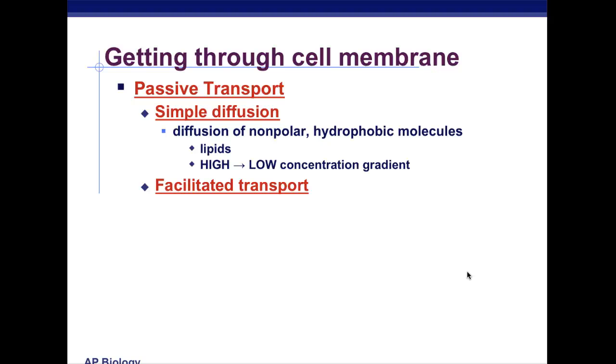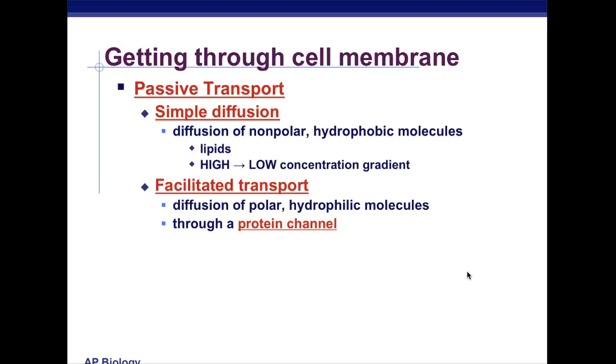The only difference between simple diffusion and facilitated diffusion is that facilitated diffusion uses a protein channel, so an actual opening in the cell membrane to move the materials across. And again, just like with simple diffusion, we go from an area of high concentration to an area of low concentration. So we're going with the gradient or with the difference.